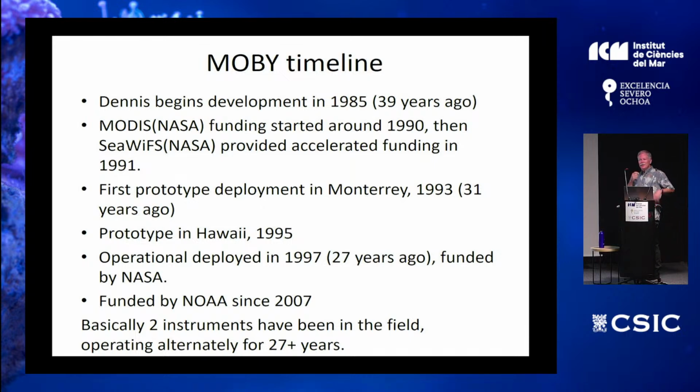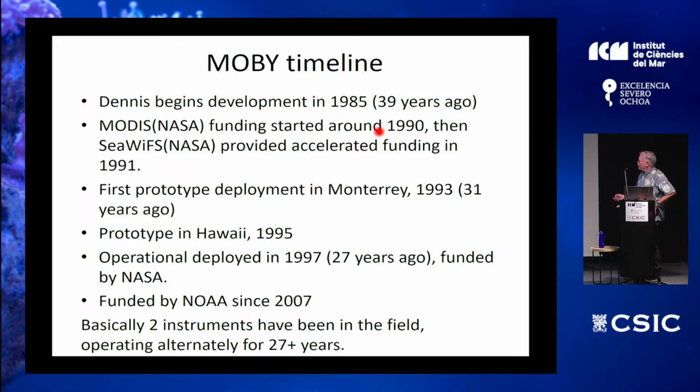So if you think about an oceanographic instrument, how many instruments do you use now that are basically 40 years old? So this thing has been working. It started design there. NASA started funding it with one program, MODIS, in around 1990. So when he started development, he would just sort of scrounge money from whatever little pot of money he could find.